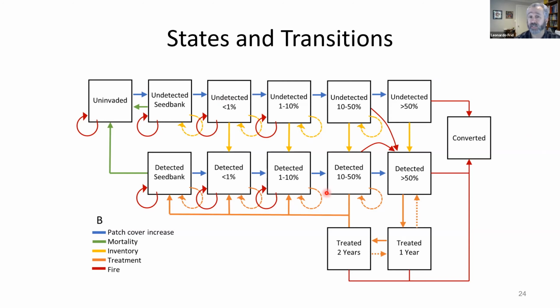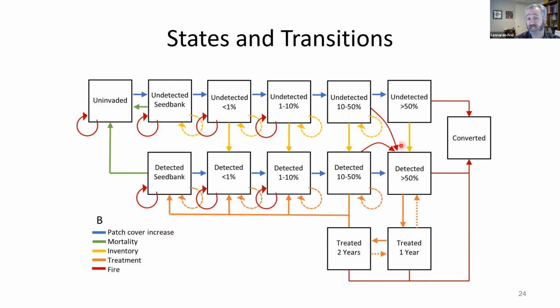So we actively wanted to model the inventory process. And so we distinguish between sites where Buffelgrass has yet to be detected, but is present, and sites where Buffelgrass has been detected. And so the yellow arrows represent the transitions where you are actively going and looking at these locations and sometimes effectively detecting them and sometimes not detecting them.